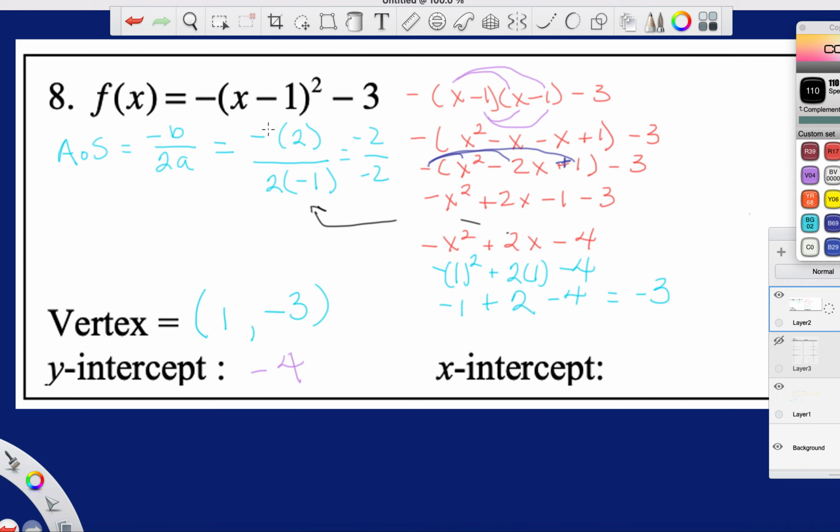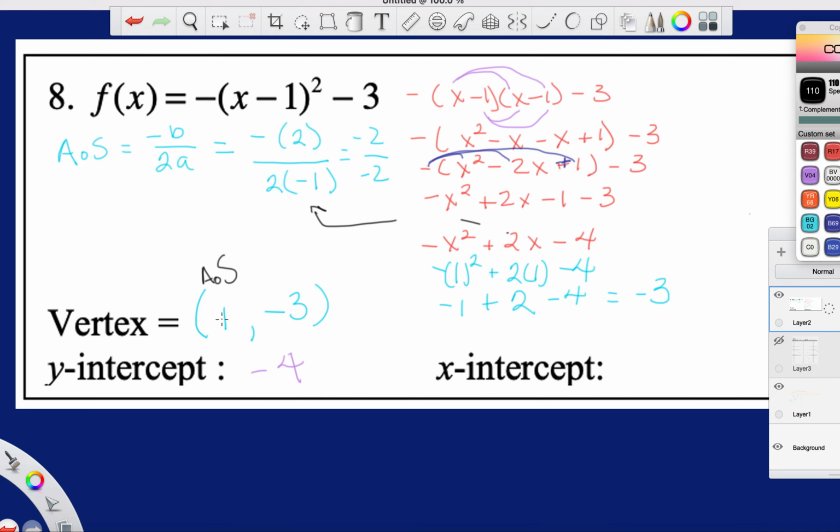So negative b, which is 2. Negative times 2 is negative 2. 2 times a, which is negative 1, remember it's negative 1, is also negative 2. So negative 2 divided by negative 2 is 1. So my axis of symmetry, or the x value of my vertex, is 1.